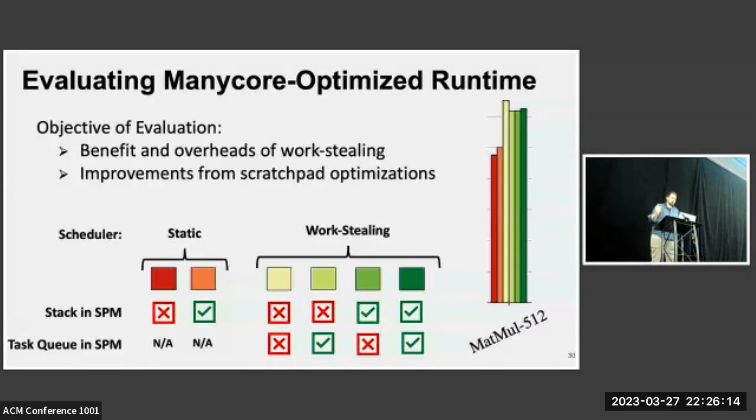In there, we compared using the stack in Scratchpad versus having it in DRAM. And for work stealing, we checked one where we didn't have our optimizations enabled at all, one where we have the stack in Scratchpad, one where we have the queues in Scratchpad, and finally one where we used both optimizations. An example here for matrix multiplication is shown.